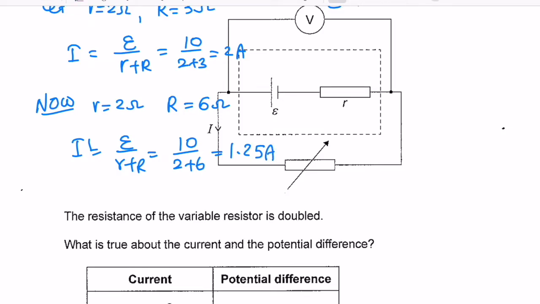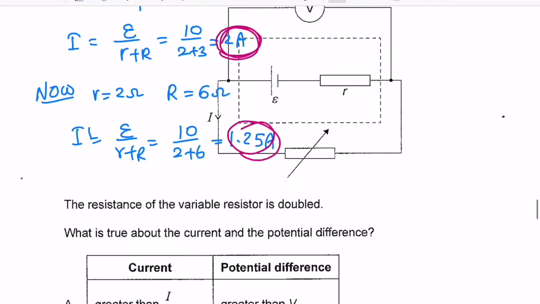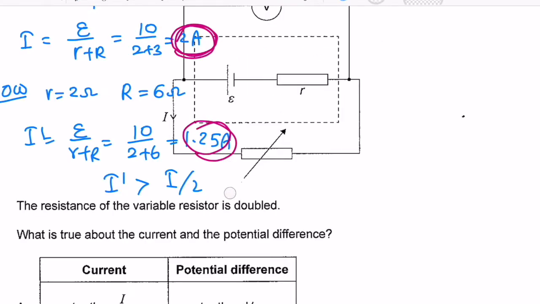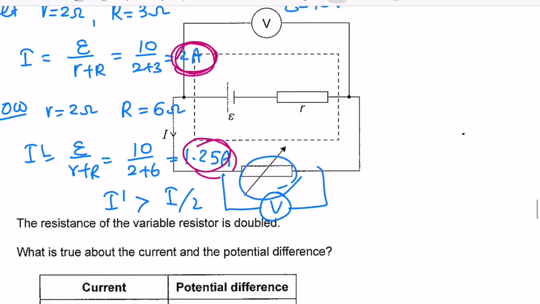Now if you compare the previous current to the new current, it is less but not as less as half. So I dash is more than half of I. So answer should be, how much voltage is given to the external resistor in this example depends on how big this resistance is.